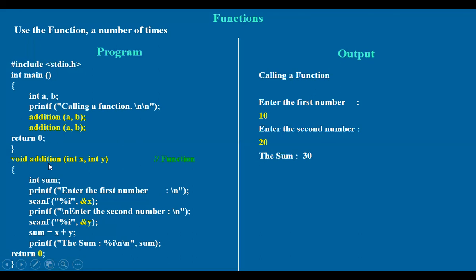Again this calls the function here and it is asking for the first number, some value entered, the second number, some value entered. The sum is this much. That means whenever you call the function, whatever the number of times, the same function will be repeated like this and it does the operation.